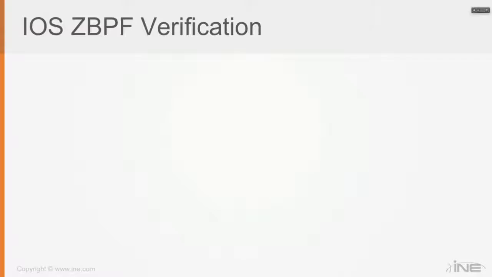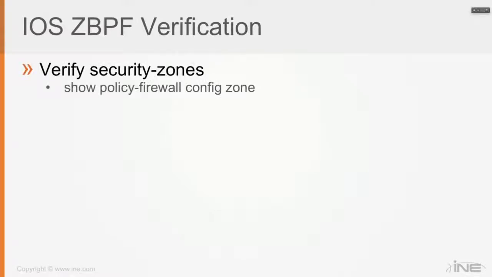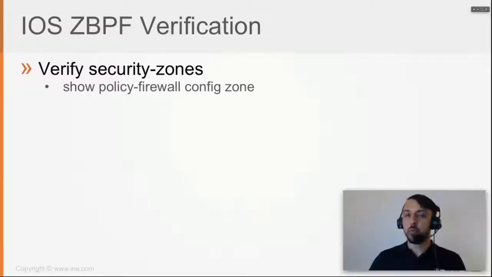Verification wise, you can verify which security zones have been defined with show policy firewall config zone. Now, this show policy firewall command was added sometime in 12-something code, but the zone-based policy firewall feature was on the IOS devices from a long time ago, I think from 12.3 code or something.